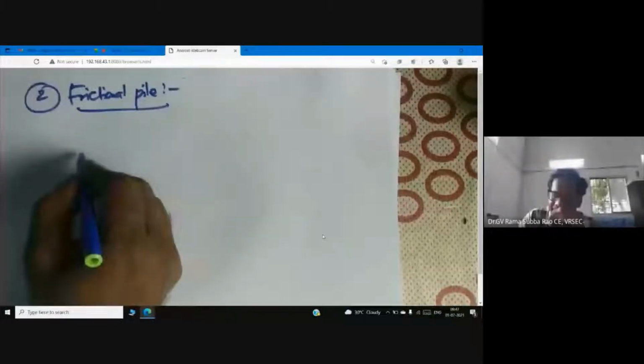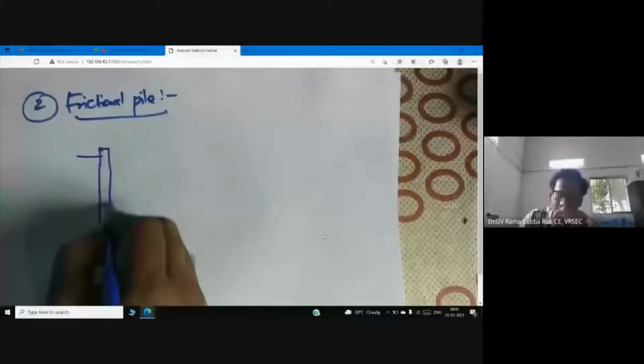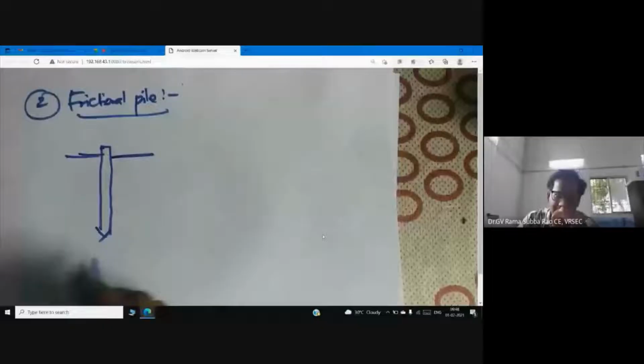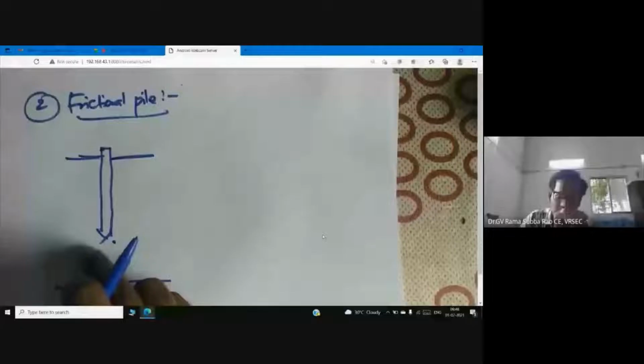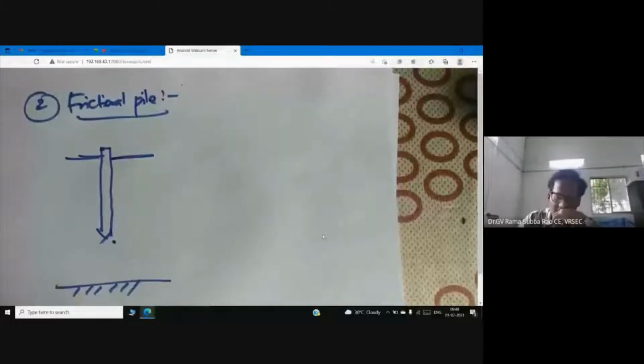The pile is terminated in soil having medium consistency. It is not terminated in rock, as your rock is very far. So the pile is just terminated within the available soil. We are not placing the pile in rock or socketing into the rock. So your hard strata is very far from the end of the pile.